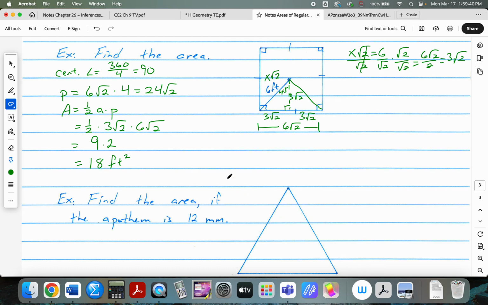Oh, did I write in the wrong thing? Thank you. I looked at the side instead of the perimeter. So that's going to make this 36 times 2. So that'll be 72 square feet. Thanks for catching that.